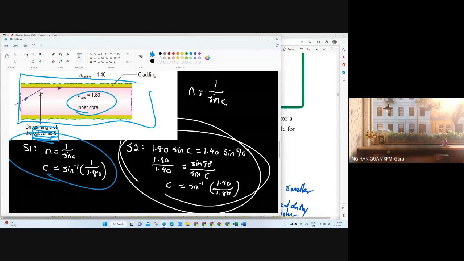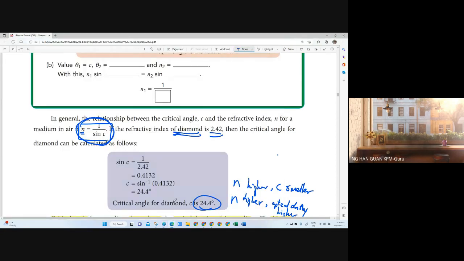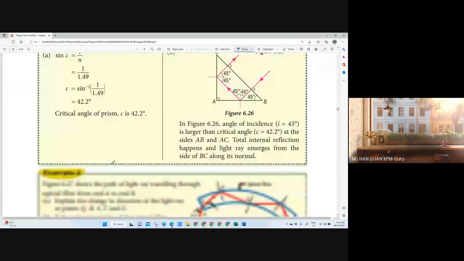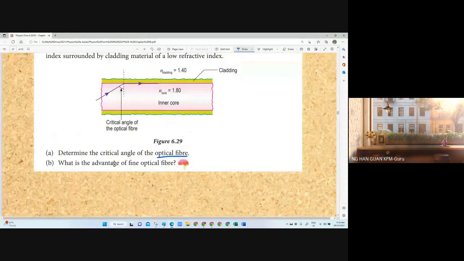So for me, the question is not really clear about what it is referring to. Because if we go back to the question itself, it only asks you to determine the critical angle of the optical fiber.